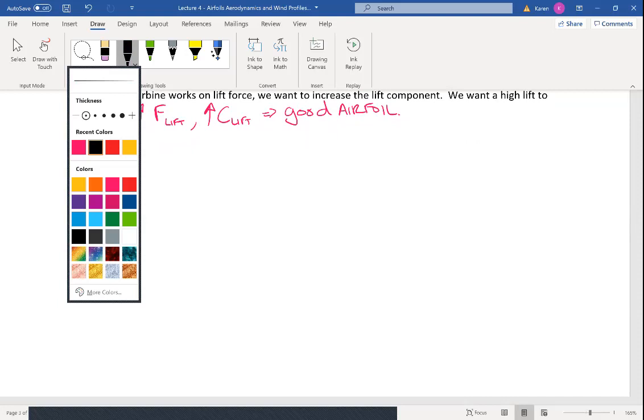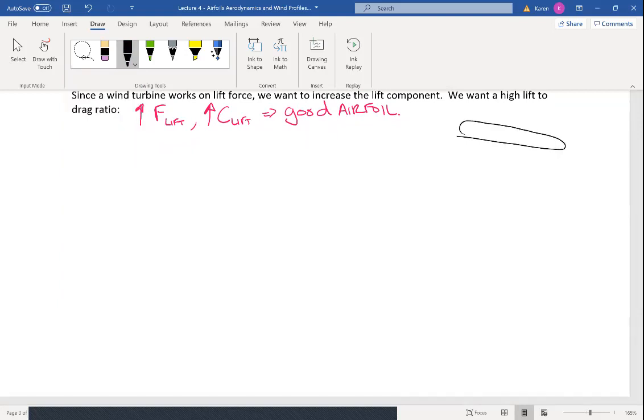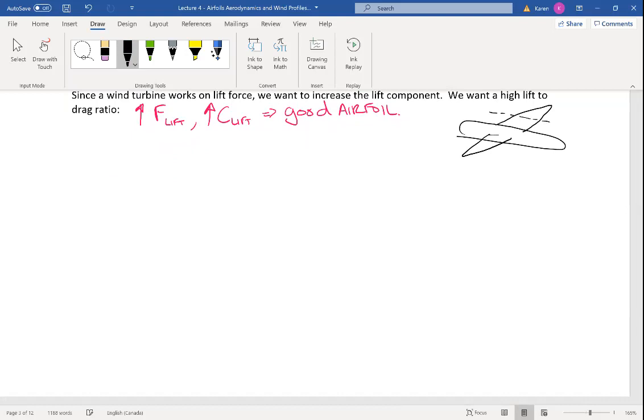So if you were to take an airplane wing, let's say this is your airplane, and this is a wing, and this is a wing. And if you were to cut a section of that wing, then that wing actually looks like this.